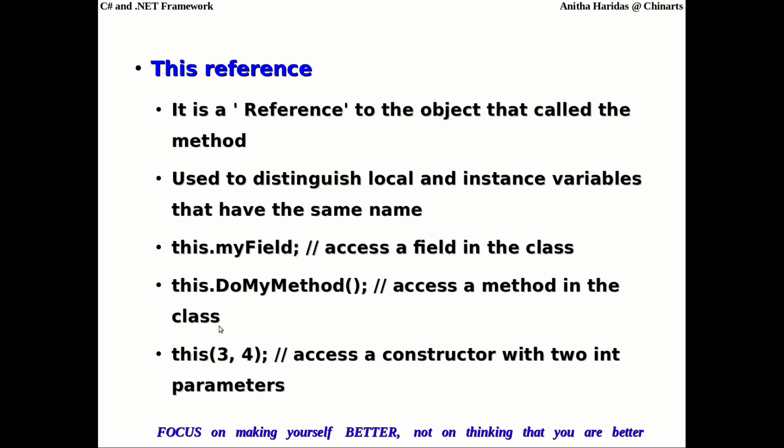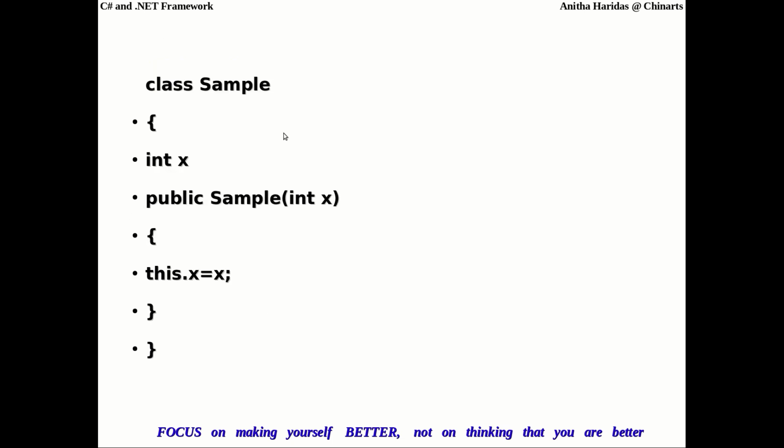So whichever object is currently referred, the this reference will be referring to that particular object. Whichever object is currently active, that object will be referred using the this reference. So every time it will be changing. There will be only one object currently active at a particular time. So at time t1 there is going to be only one object which is alive, and that will be referred using the this reference.